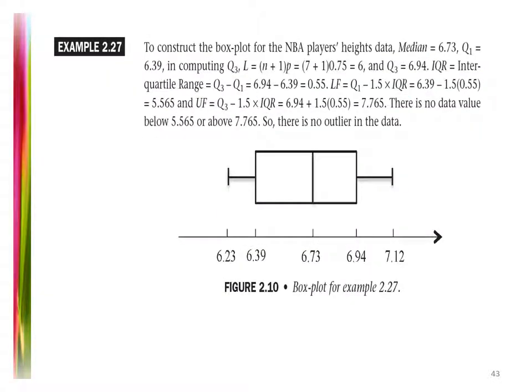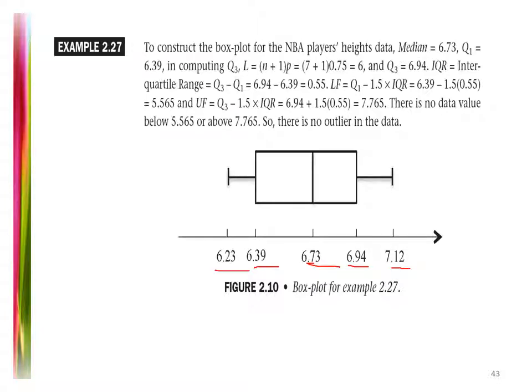This is one example: construct the box plot for NBA players' height data. The median is 6.73, Q1 is 6.39, and Q3 as given. Then we can draw it. This is the minimum value, this is the maximum value, and this is Q1, this is Q2, this is Q3.